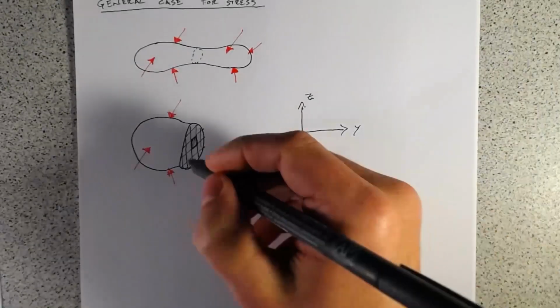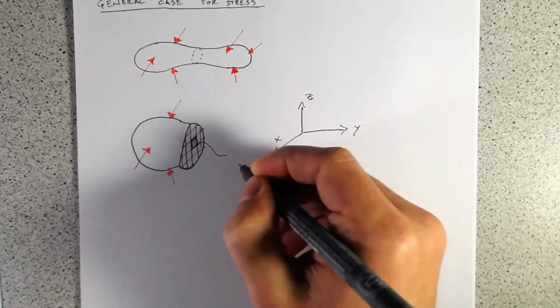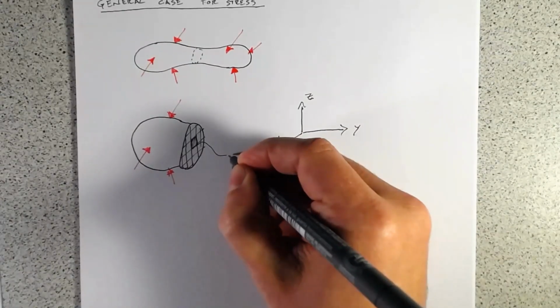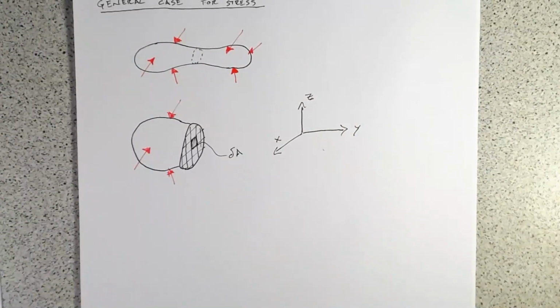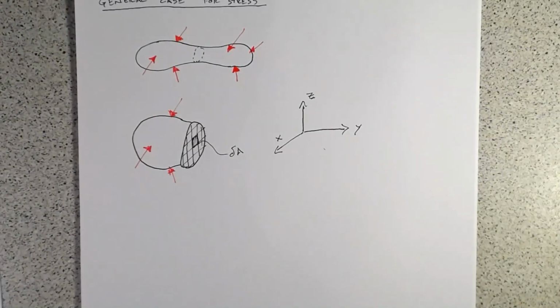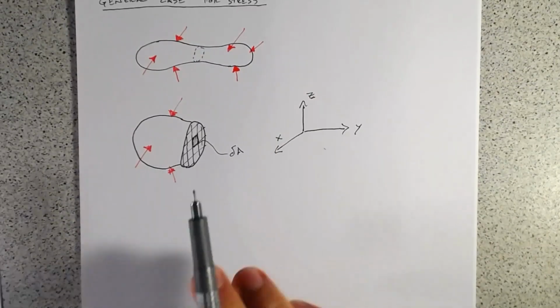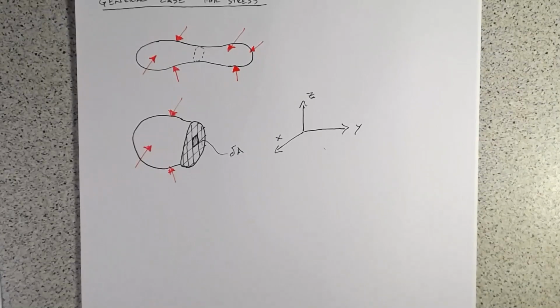We're going to call this little area dA or delta A, similar to our average stress. It's some small area, and if what we want to look at is stress at a point, we will allow dA to get smaller and smaller until, as it approaches 0, it gets closer and closer to a point.